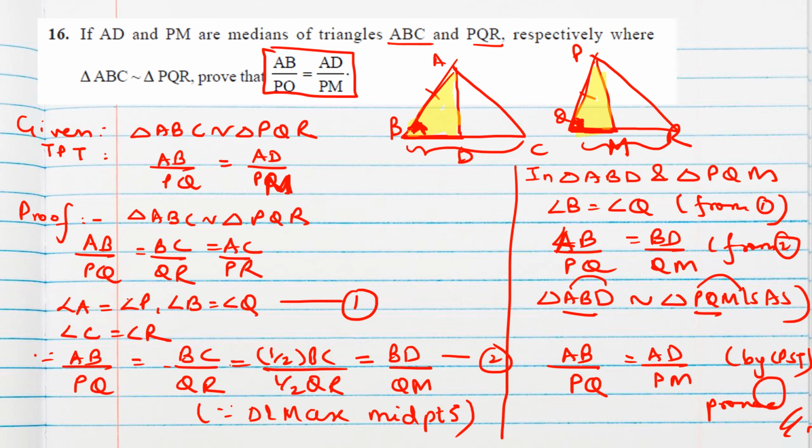So they can ask any type of question. They will give that two triangles are similar, sides are in 1:2 ratio, then find the median ratio. So you should know that sides and medians will be in equal ratio. So for the median also it will be in 1:2 ratio. Like that, question numbers 13 and 16 can be used as a result also. Remember this. I hope you understood exercise 6.3. Thank you.